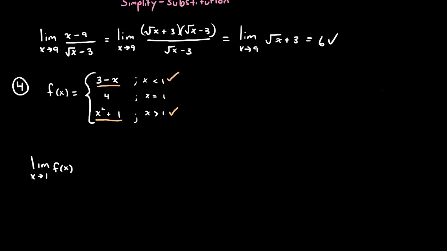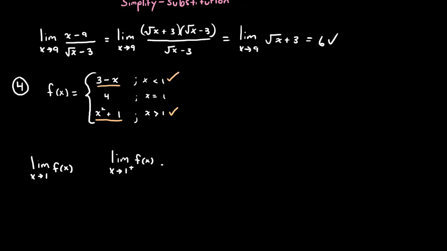So let's start this off. First, we're going to take the limit as x approaches 1, and we can pick from either side. I think I'll just pick from the positive side or from the right-hand side. And I will say the limit as x approaches 1 from the right of f of x. I use the generic f of x because I'm referring to the main function in question.